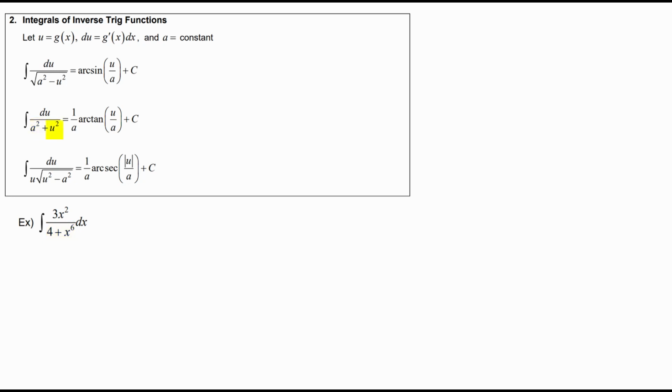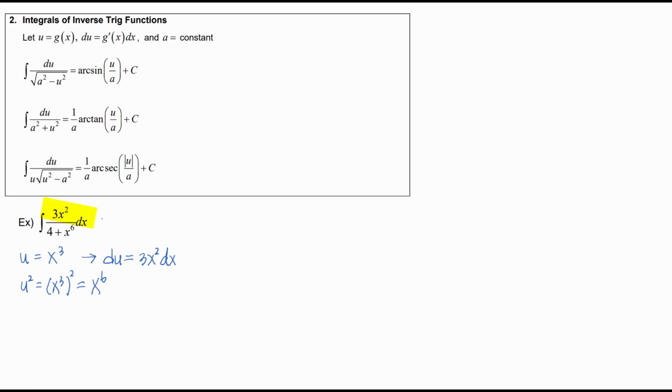So my u then has to be x to the third power, so that u square becomes x to the third to the second, which is x to the sixth power, which I have right there. Then my du is going to be equal to 3x squared dx, which I have right there.